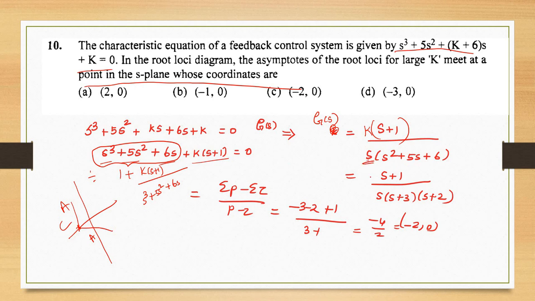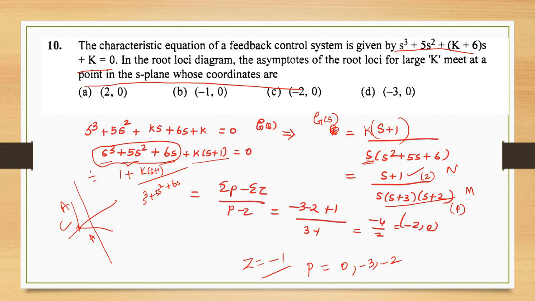I have to take s outside, so inside is s square plus 5s plus 6. I have to separate this as (s plus 3) into (s plus 2) into (s plus 1). The numerator gives the zeros and the denominator gives the poles. How many zeros? There is only one zero, that is minus 1. How many poles? 0, minus 3, minus 2.